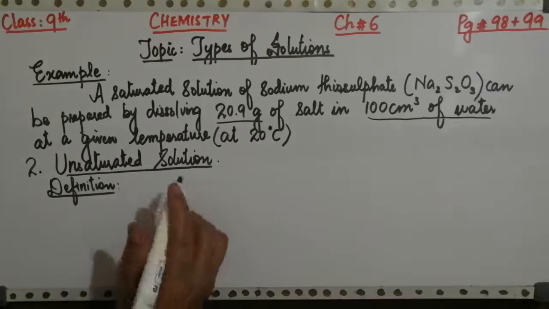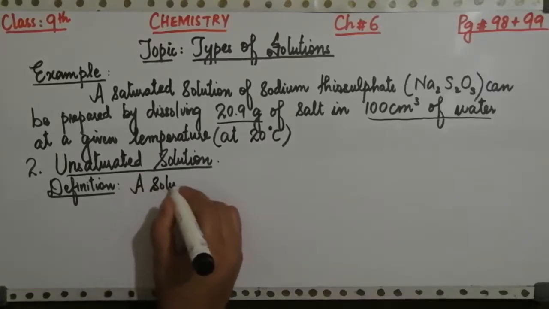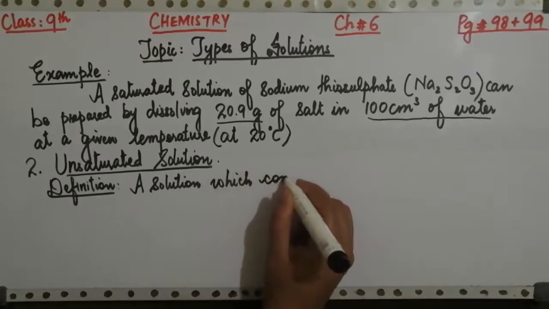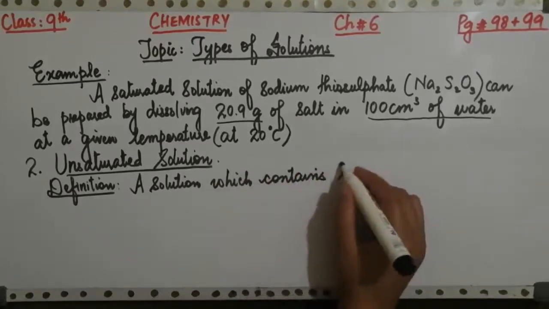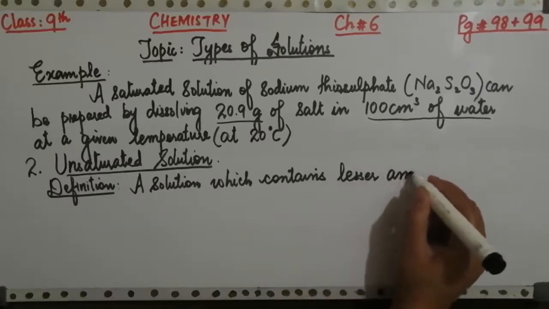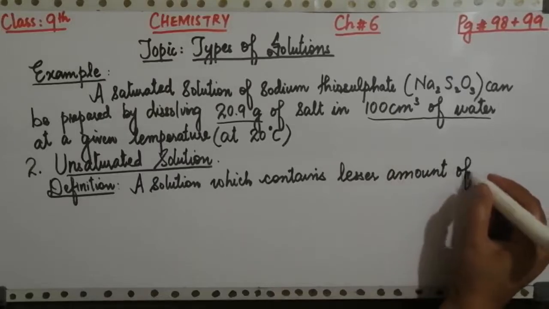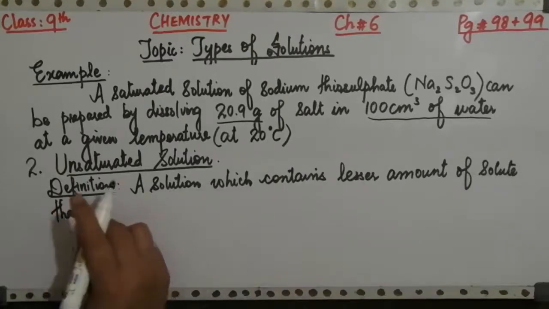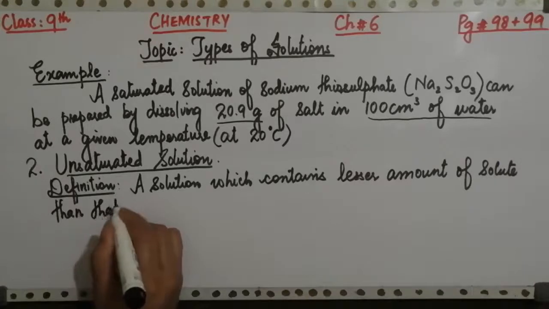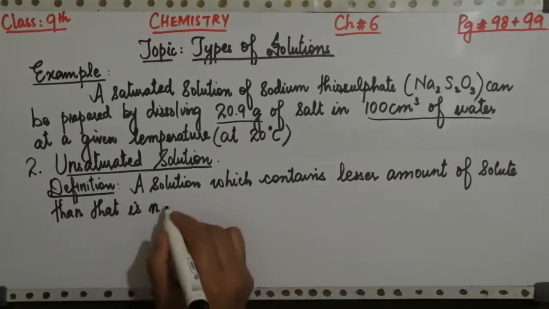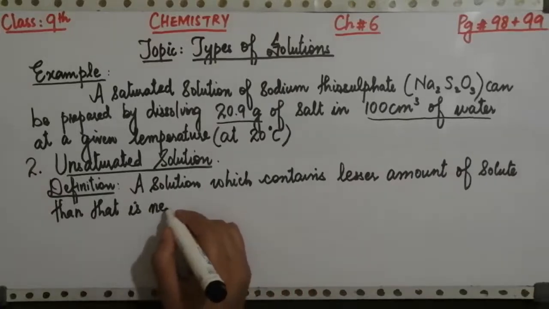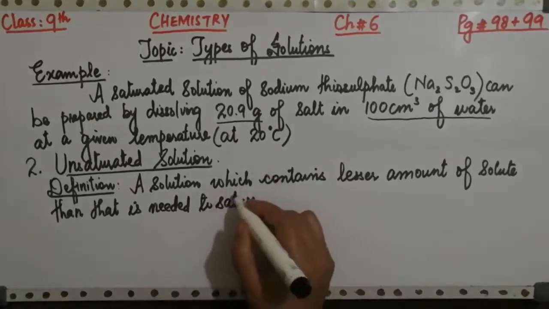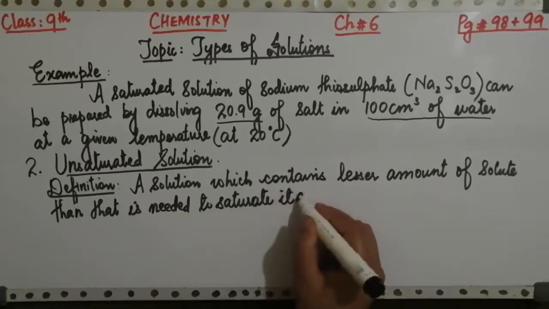So according to the definition, a solution which contains lesser amount of solute than that is required, or that is needed, to saturate it at a given temperature.